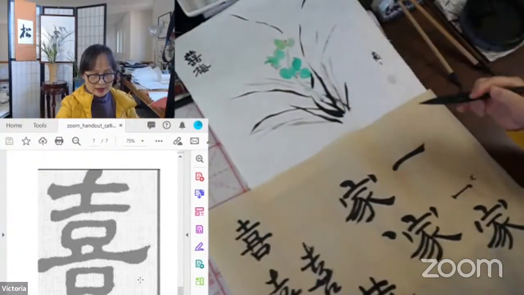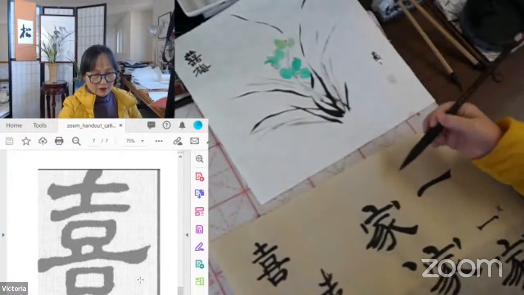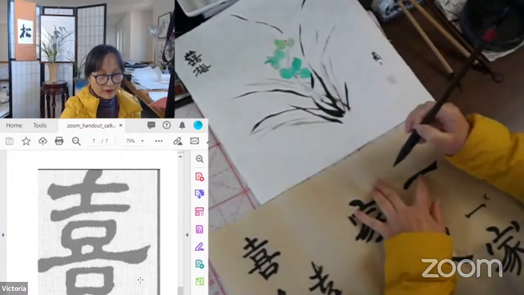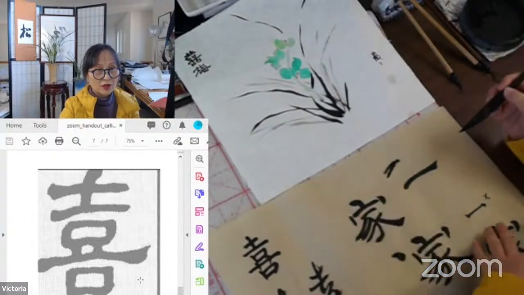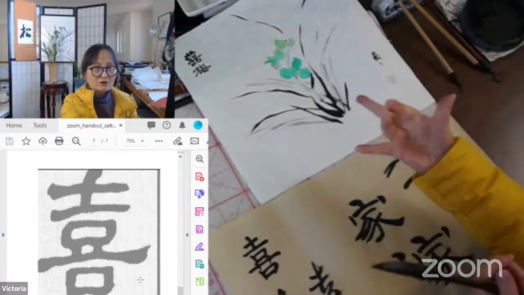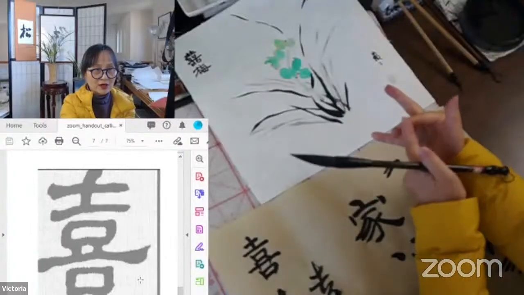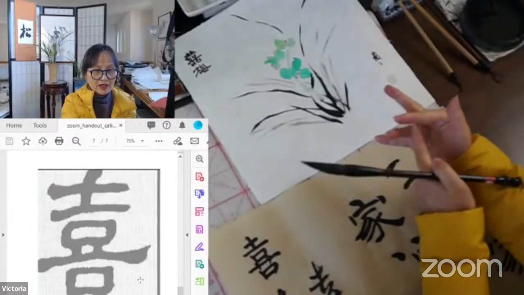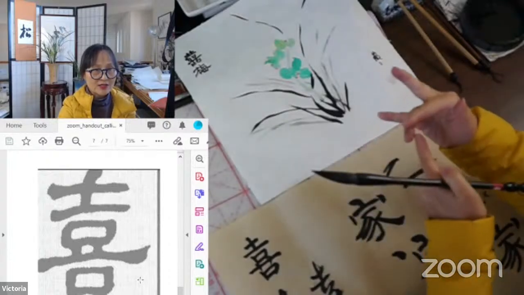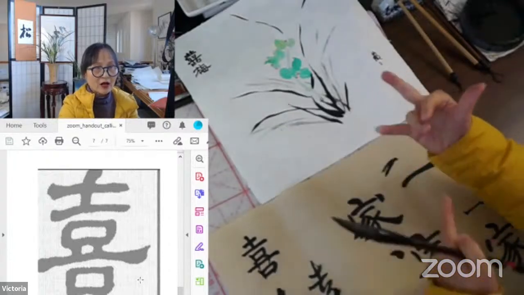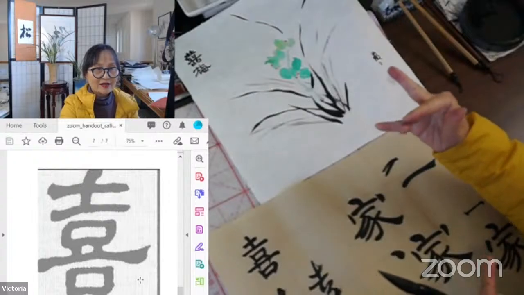orchids, the flower normally has 5 petals, right? Two of them like that, embracing, holding towards each other, and the 3 of them like outsiders. So totally 5.